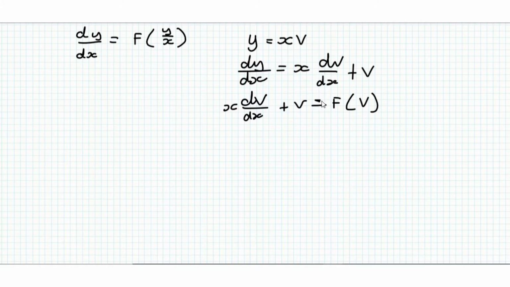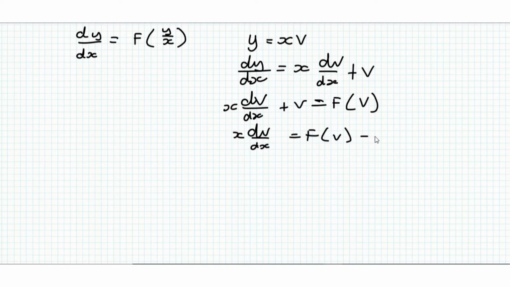Okay, and then you subtract this v over on both sides, so you get x dv by dx equal to f of v minus v. Sorry, the handwriting is atrocious today.